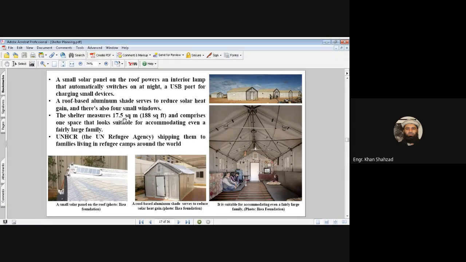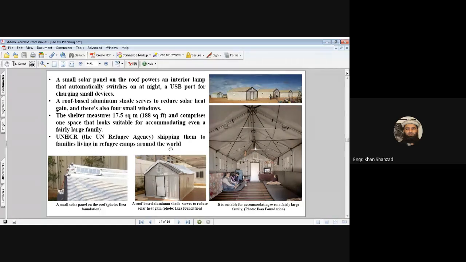The shelter measures around 17.5 square meters, that is 188 square feet, and comprises one space that looks suitable for accommodating even a fairly large family. You can see this is the UNHCR, the UN Refugee Agency, shipping them to families living in refugee camps around the world.